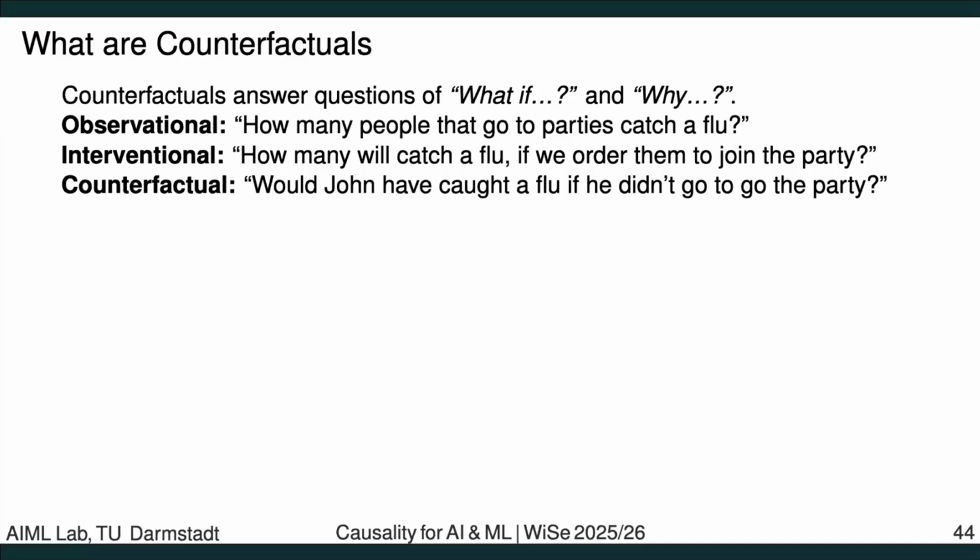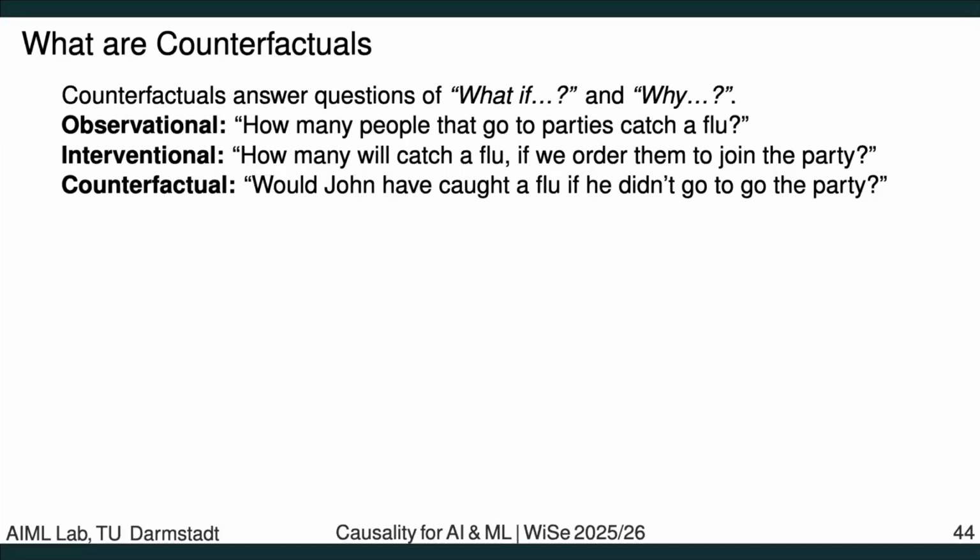So if your professor or boss says, okay, everyone needs to show up at the company party, then we have a do operation. It's no longer conditioning according to some random factors, but we explicitly enforce that policy.